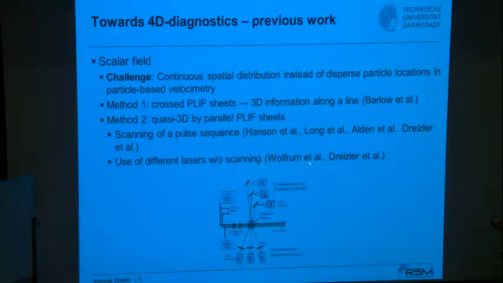And Jürgen Wolfrum, 20 years back, also did some experiments where three laser sheets were used intersecting a turbulent flame, and then OH fluorescence measurements were combined with planar Rayleigh measurements.